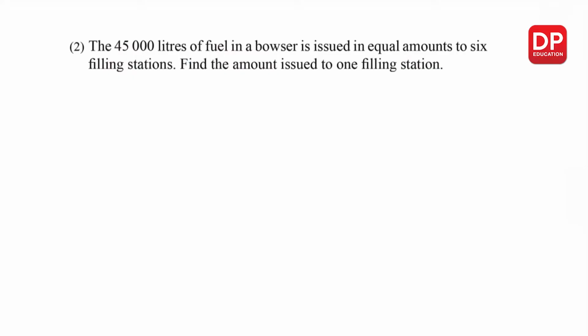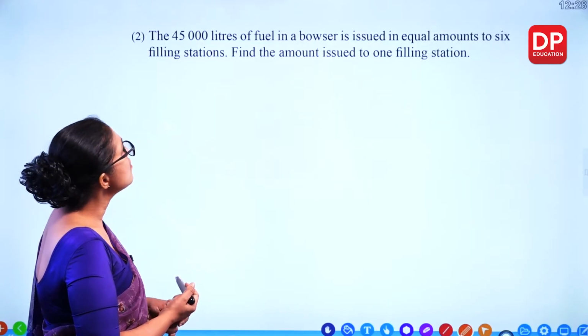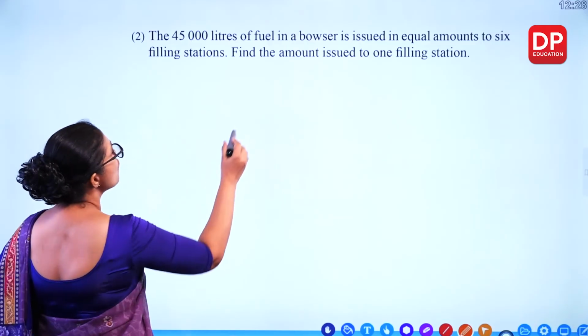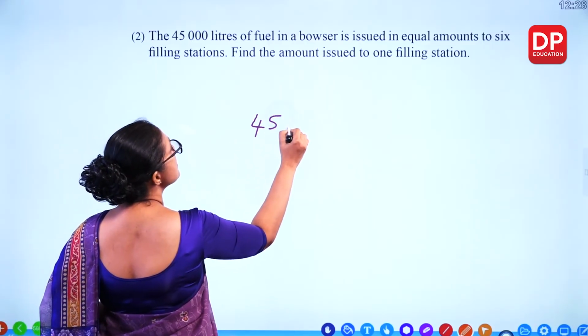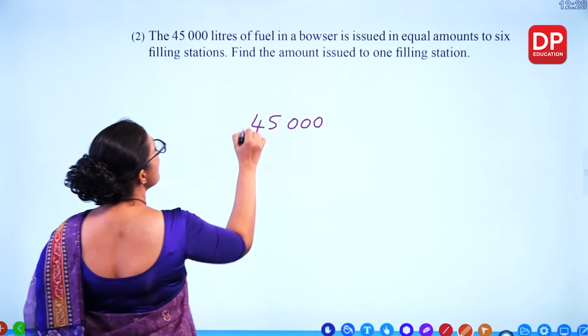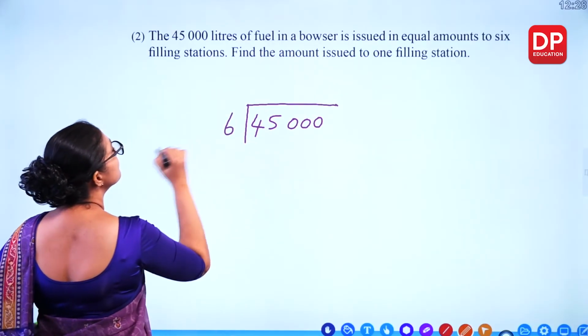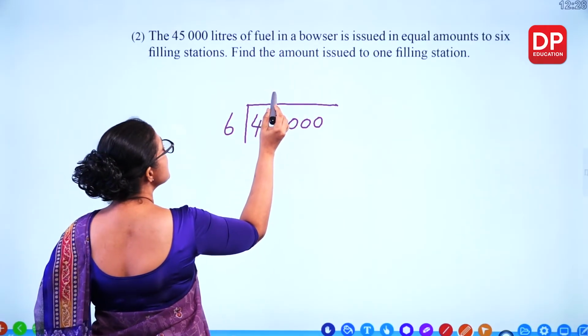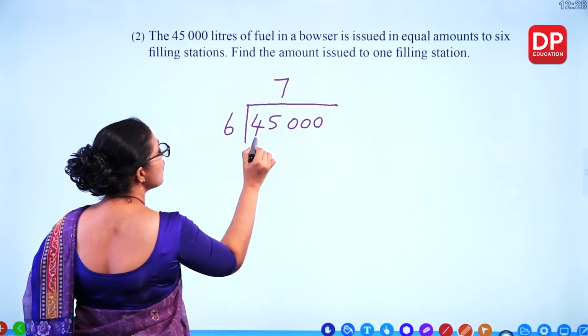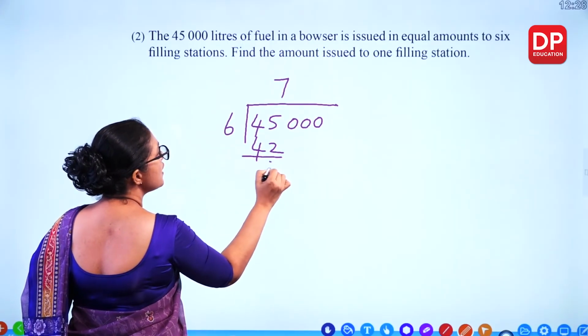Question number 2. 45,000 liters of fuel in a Bowser is issued in equal amounts to 6 filling stations. Find the amount issued to one filling station. That means you divide by 6. So 45,000 liters divided by 6. 6 times 7, 42. So 3 remaining.